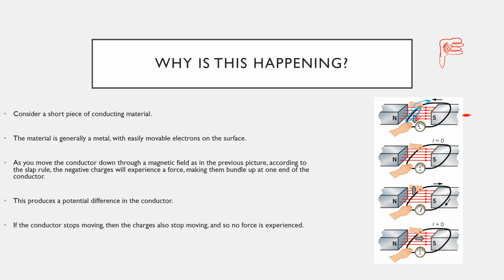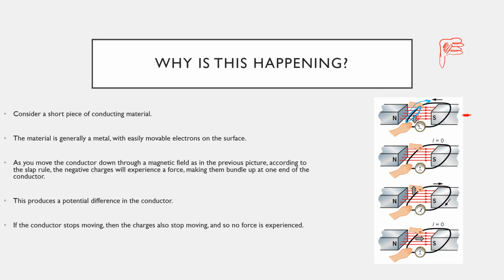Now the reason that this black arrow here is pointing in the other direction is that this black arrow is talking about conventional current. In reality, it's the electrons that are doing all the heavy lifting. The electrons are the things that are moving around in your circuit, but it just simplifies things a little bit if we treat it in the opposite scenario. So we're treating it as if it's actually just positive charges moving around the circuit.